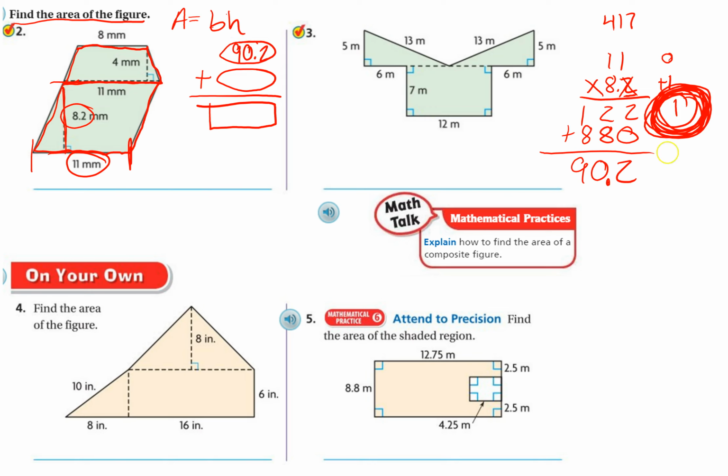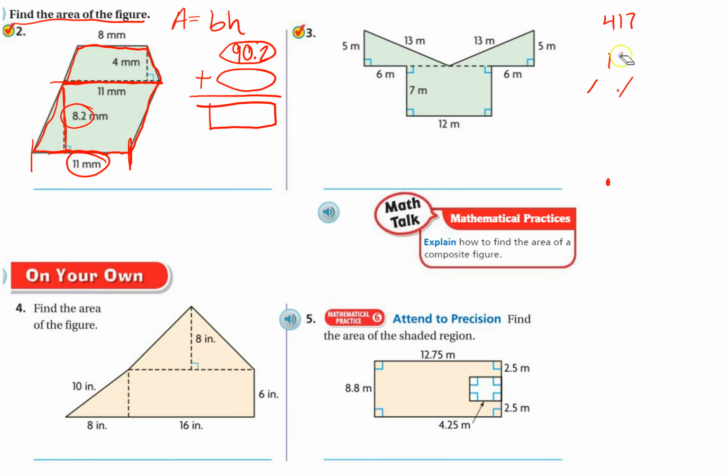I even talked about it before, that my answer must be close to 88. 902 is nowhere near 88, but 90.2 is very close to 88. Whew, too early. All right, so the area of this parallelogram has been found. It is 90.2.